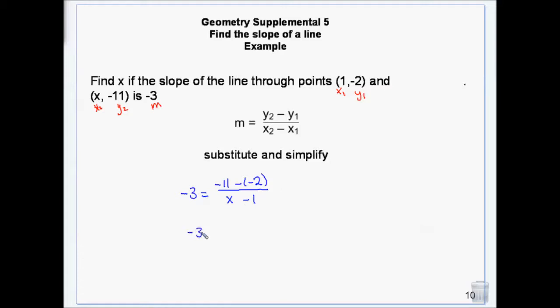If I simplify that, I get negative 3 is equal to negative 11 plus 2 over x minus 1, or negative 3 is equal to negative 9 over x minus 1. Now, I'm going to show you a trick, the math trick.